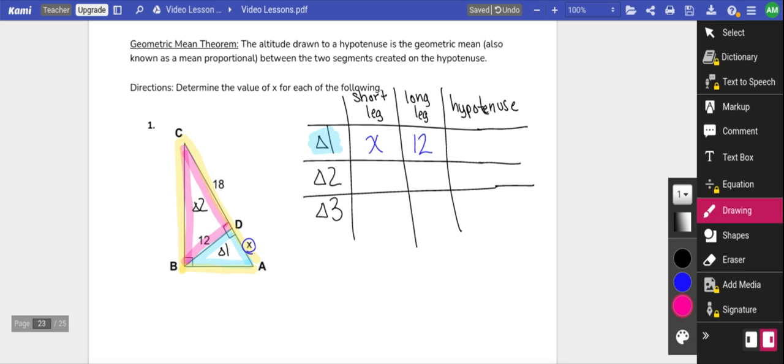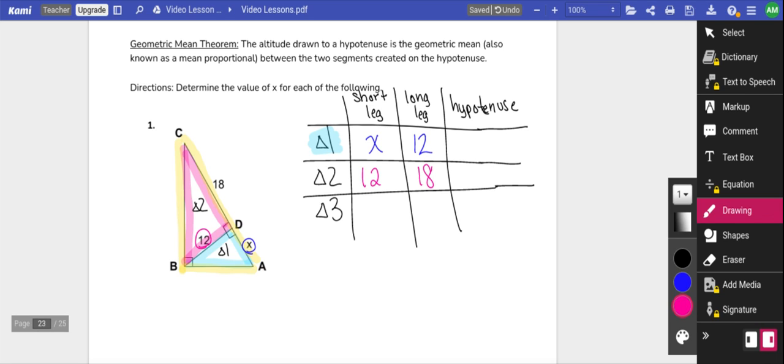In my pink triangle, I see that the shorter leg is labeled with a 12. The longer leg is labeled with an 18. But the hypotenuse, again, is not labeled, so I'm going to leave that blank.